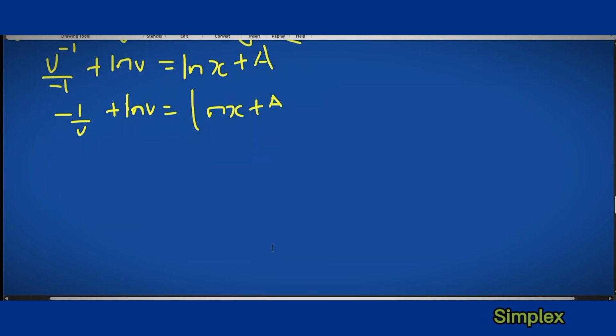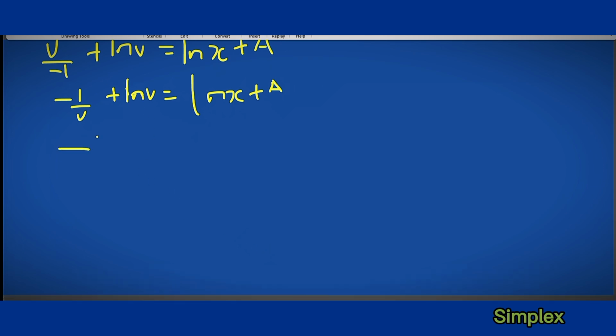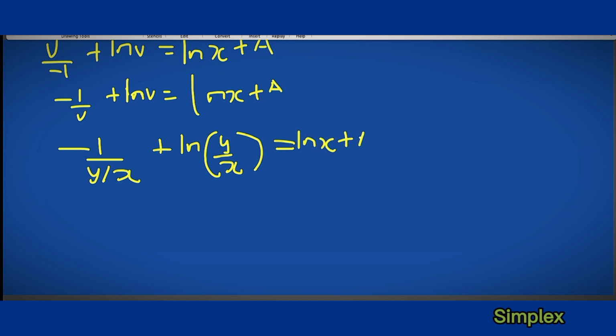So substituting the value of v for y over x, we have that minus 1 over (y over x) plus ln (y over x) is equal to ln x plus a.